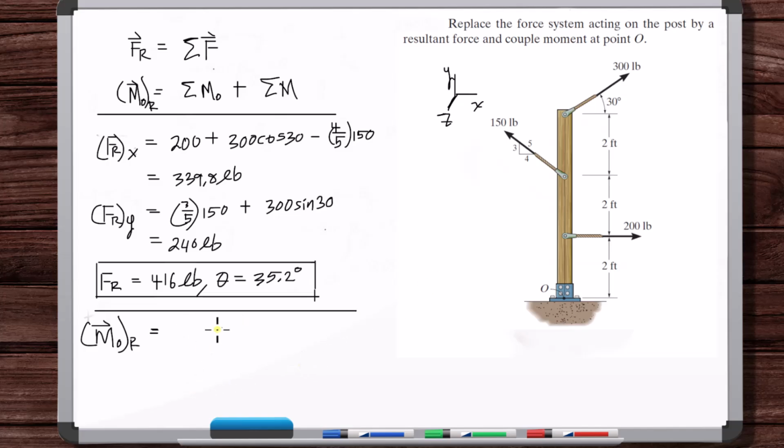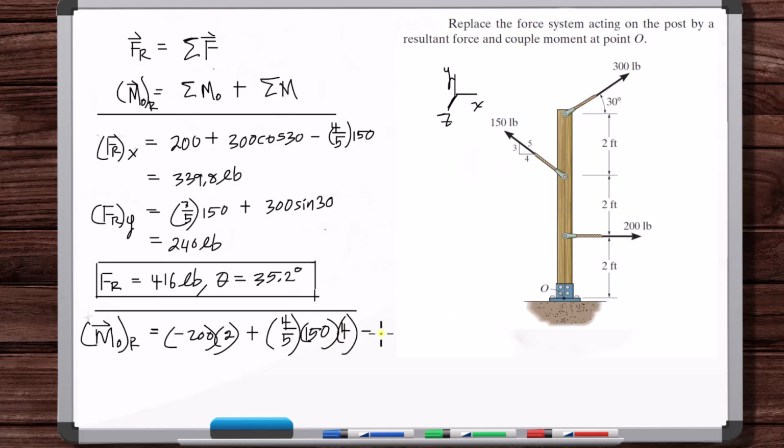So, okay, we're summing the moments of all these forces about point O. We've got minus 200 times 2, right? This is a clockwise, negative moment. This is going to be counterclockwise, so a positive moment, plus the X component of this force, which is 4/5 times 150, and then times the moment arm, 4.